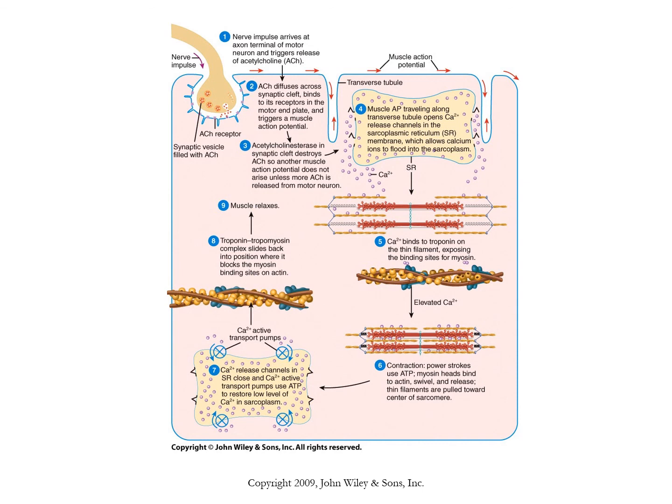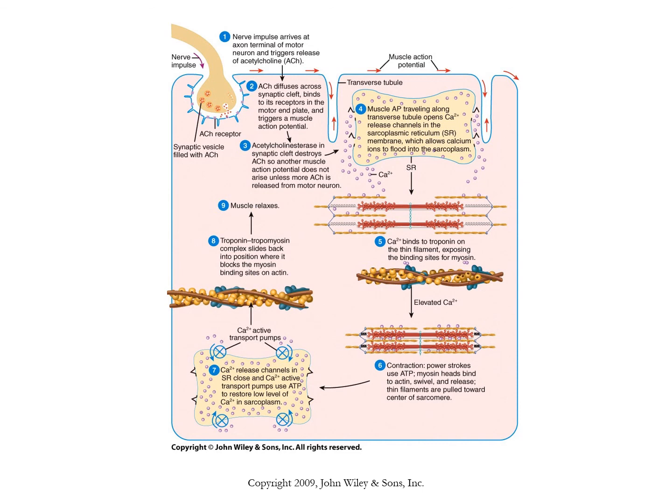In step 6, we have the events of the contraction cycle that lead to the sliding filament mechanism. So that involves ATP hydrolysis and energizing of the myosin head, cross bridge formation, power stroke, as well as detachment with the binding of a new ATP molecule.